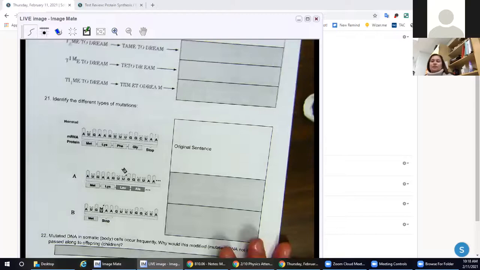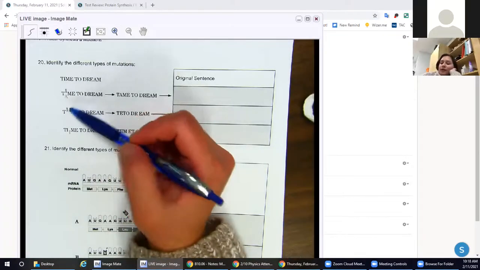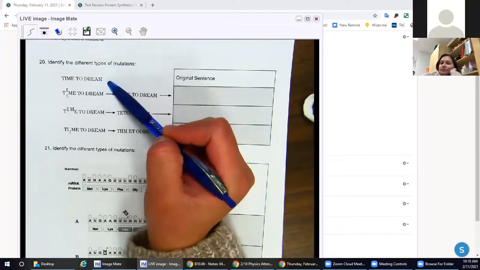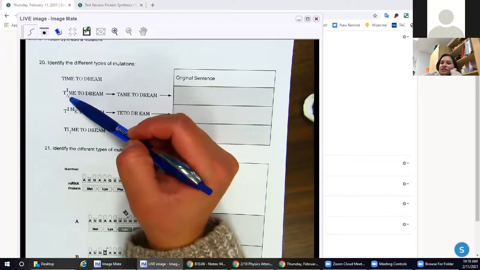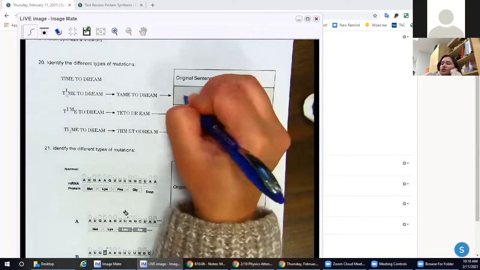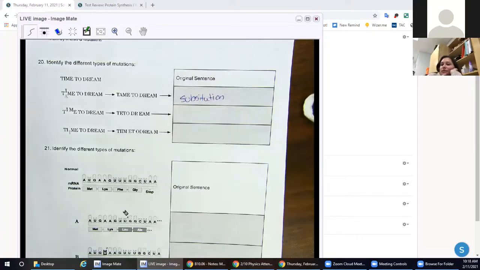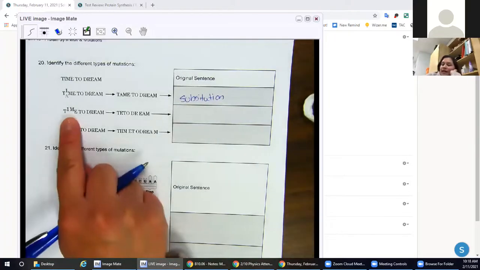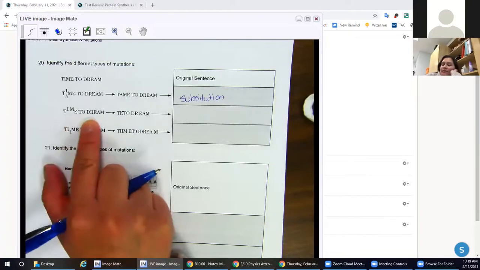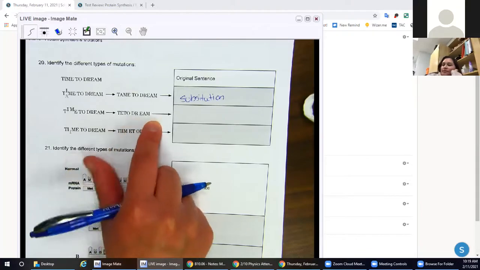Last page. Identify the types of mutations below. Here we have time to dream. Then we have the I changing to an A, so it says tame to dream. That is substitution. All we did was change a letter. Now we're taking out the I and the M. So instead of time to dream, it's Tito dream.